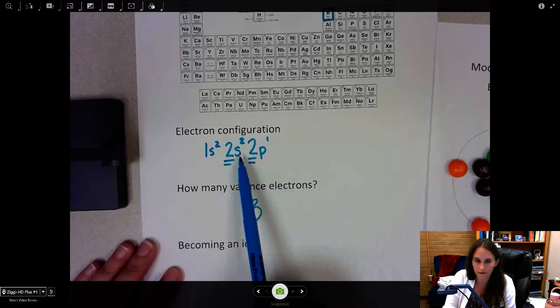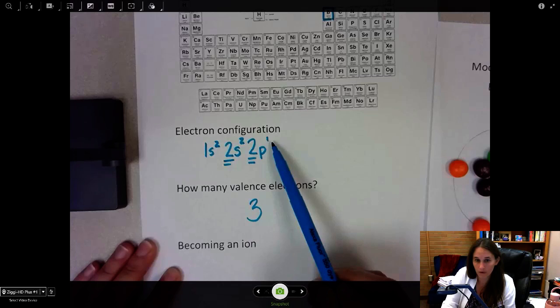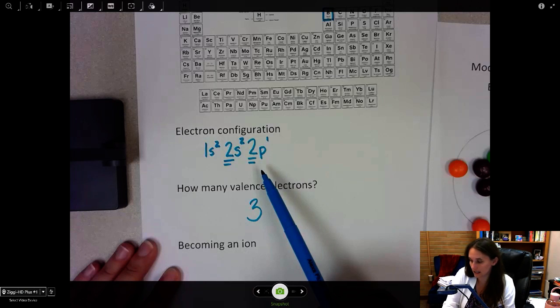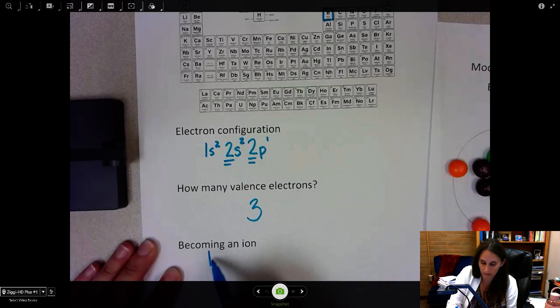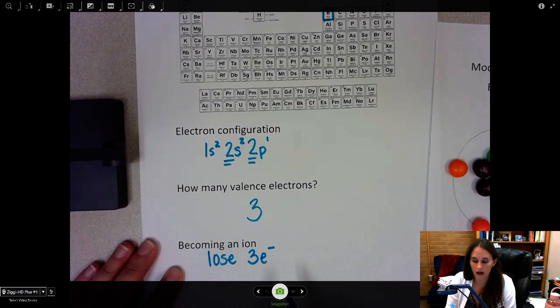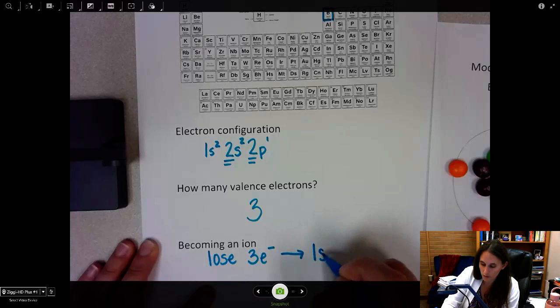Now, in order to fill this valence shell, I would need to gain 5 more electrons to fill this 2p sublevel, which seems a little bit unlikely, right? Instead, if I lose these 3, so by losing 3 electrons, I'm going to end up with an electron configuration of just 1s2.